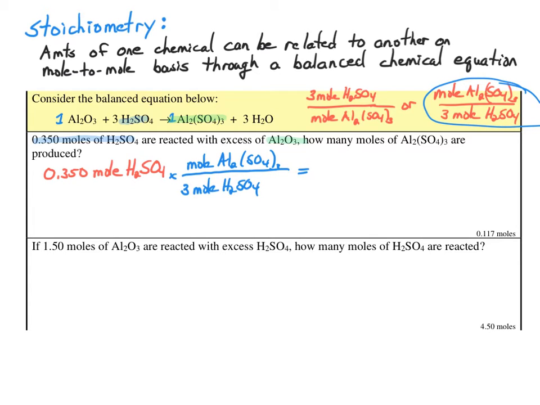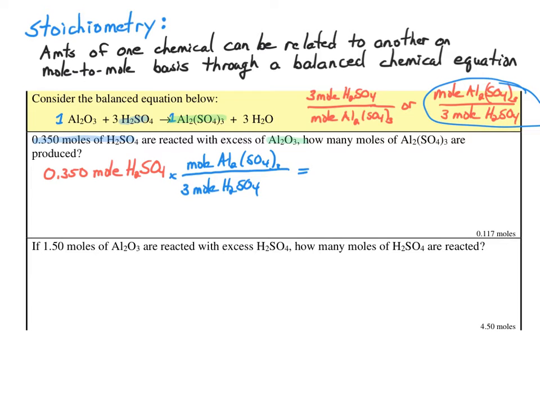Writing out the identity of these compounds helps us understand why, in this case, we need to divide by 3 rather than multiply by 3. So we keep the coefficient and its chemical together.